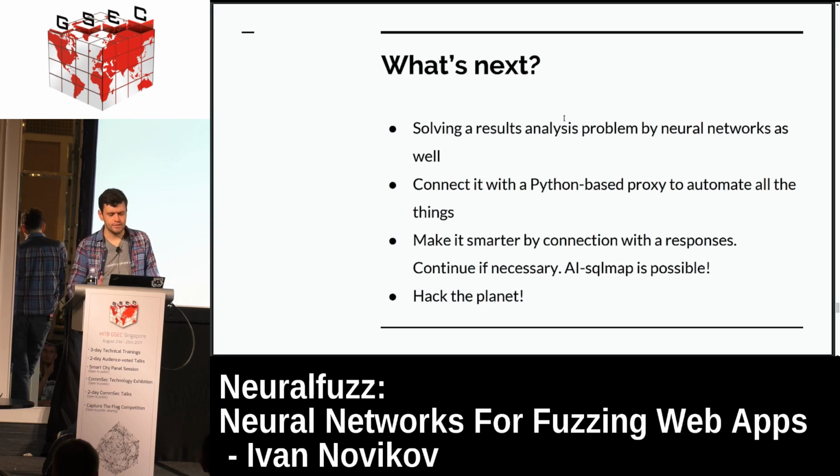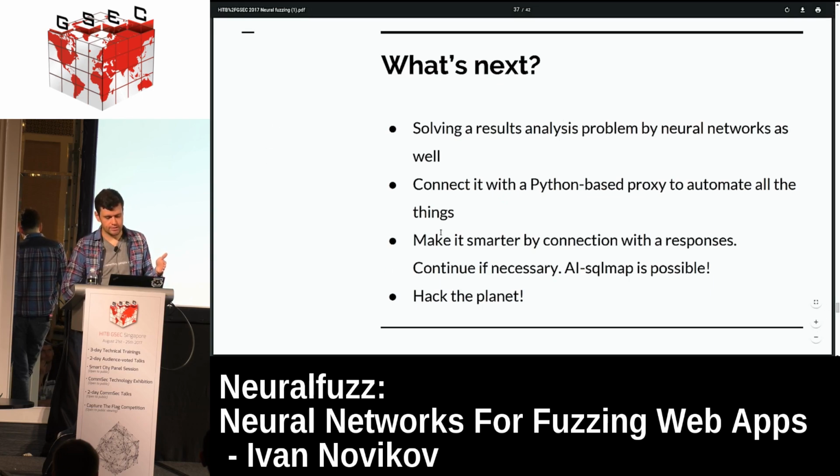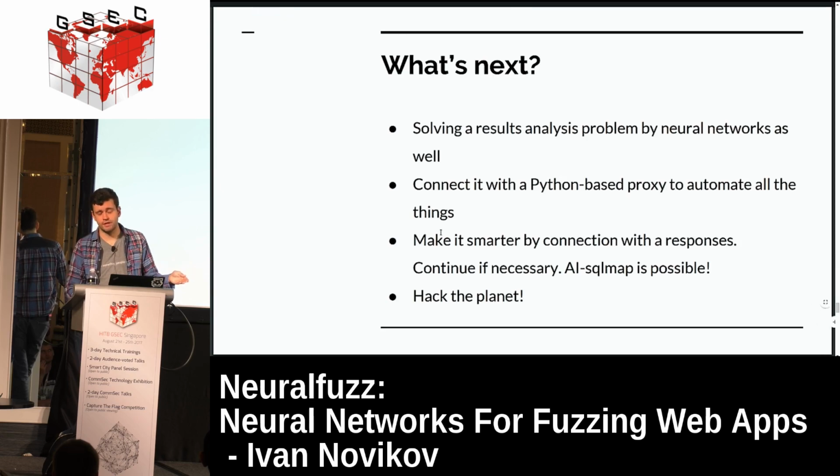The third one is to make it smarter by connecting it with responses, which means that if I have an anomaly with some sort of data, for example a single quote, it's now possible to start suggesting SQL injection payloads, right?